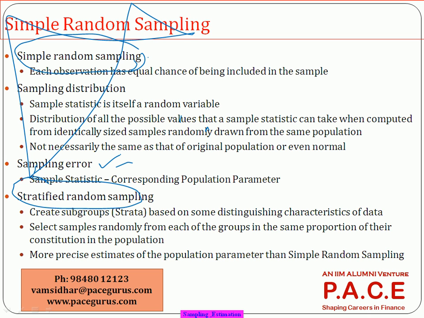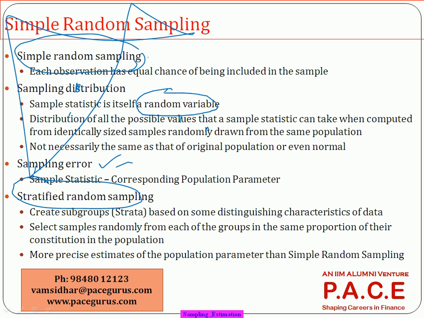So that average itself keeps changing, which means it is itself a random variable. For this set of 5 people, if I take the average, probably the height is 160 centimeters. For another set of 5 people on a random basis, it may be 165 centimeters. For another set, it may be 200 centimeters.